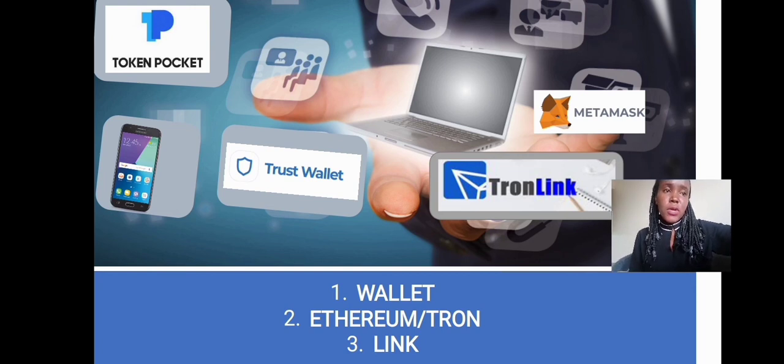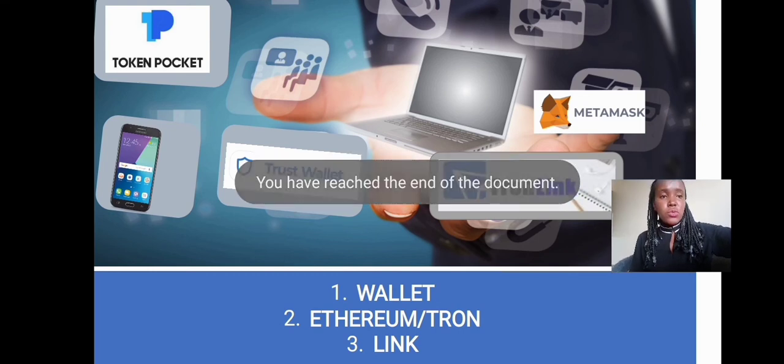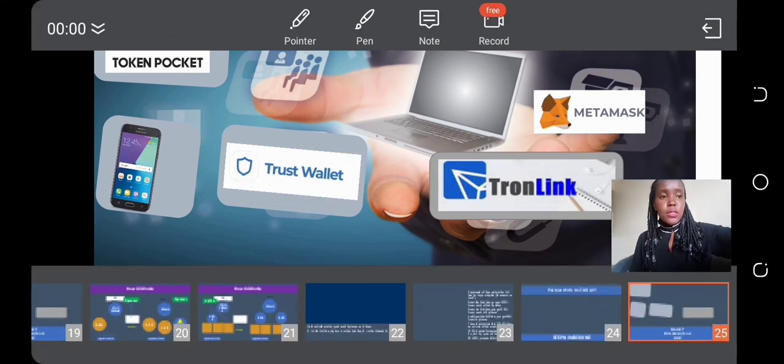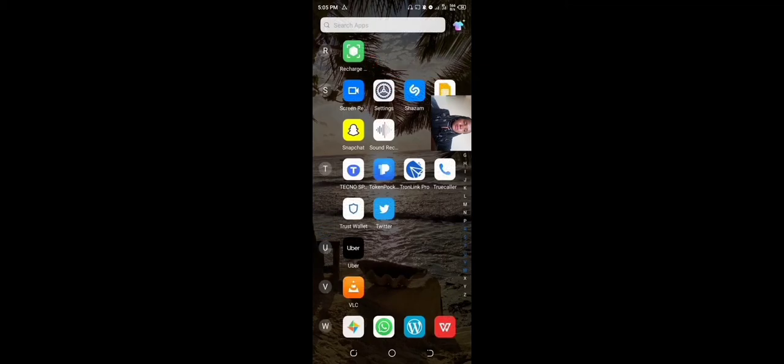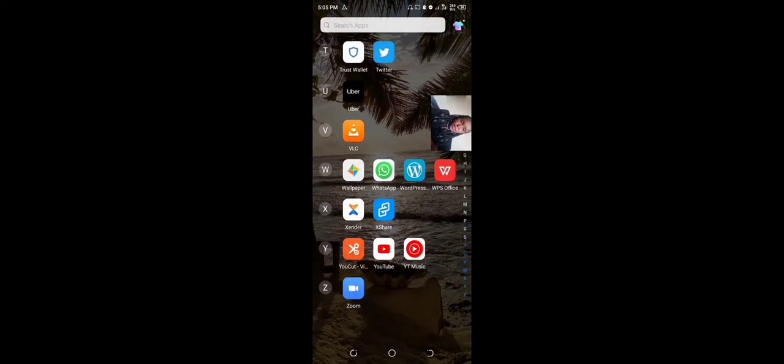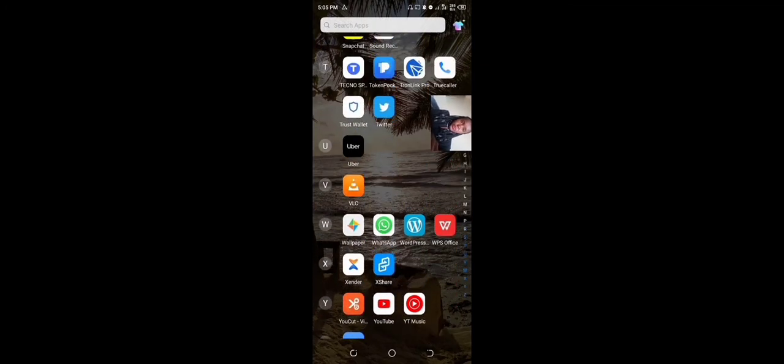I'm basically working on the Ethereum ecosystem, so I'll just log into my system. Tron, the Trust Wallet here, just as I have clicked.